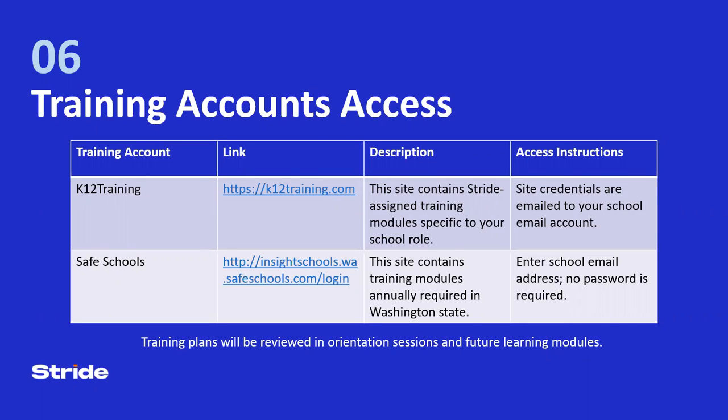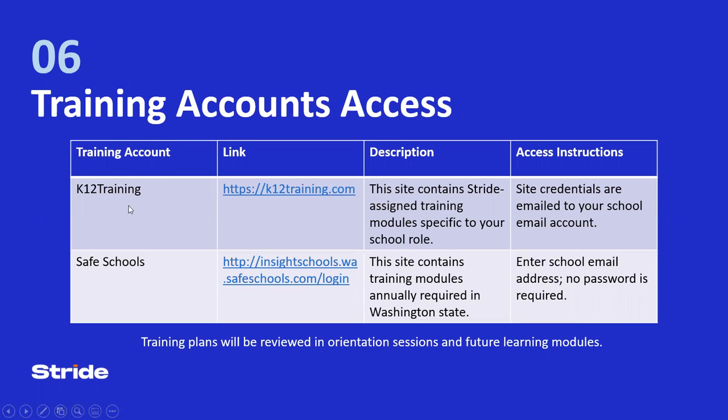The next item here for school level onboarding are the initial training accounts you will need. We will review the training plans more in depth during our orientation sessions and in future learning modules of this playlist. But for now, it is really confirming your access to these sites.